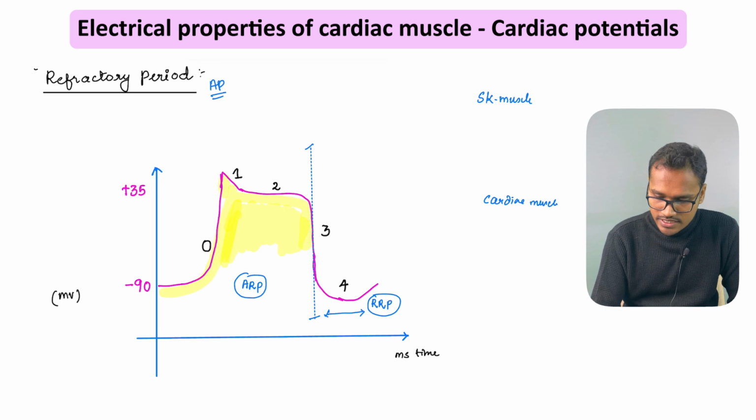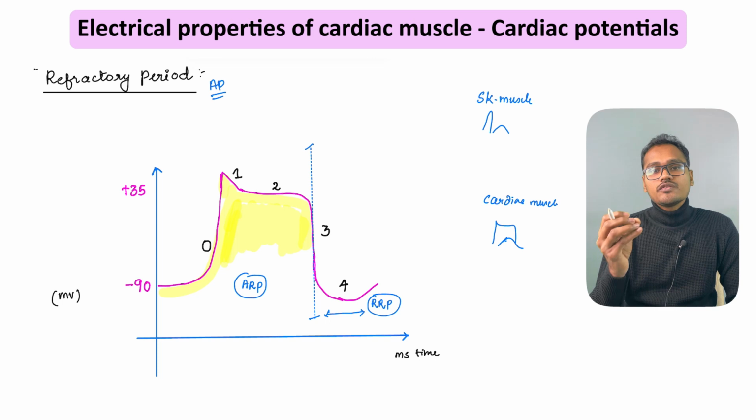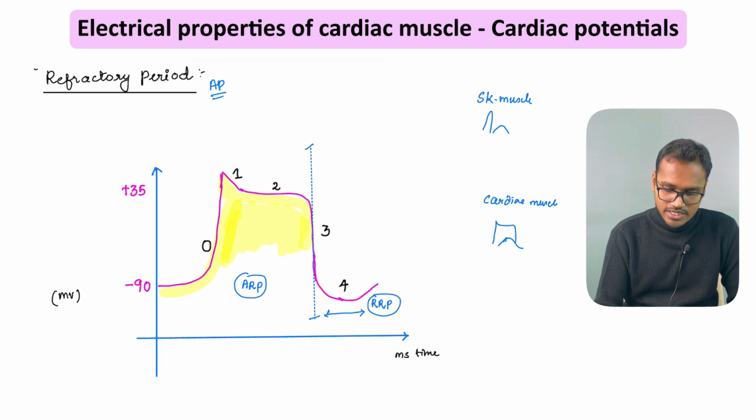Whereas in the case of skeletal muscle, the action potential will happen first, then the muscle contraction goes in. Whereas in the cardiac muscle, we saw the contraction begins in the second phase itself. By the time the action potential ends, most of the contraction is complete. So let's try to understand. The contraction begins here itself.